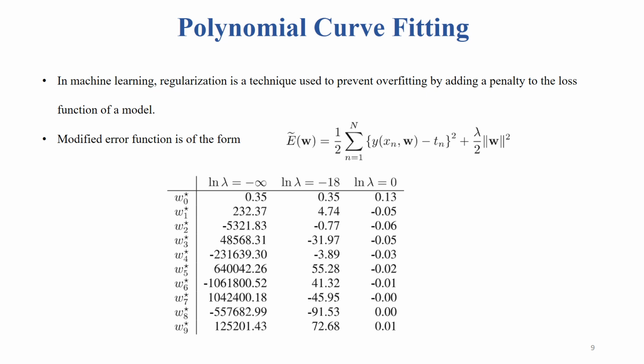You could see this table is showing the various values when ln of lambda is 0, minus 18 and minus infinity. So this shows how the model works when there is no regularization.